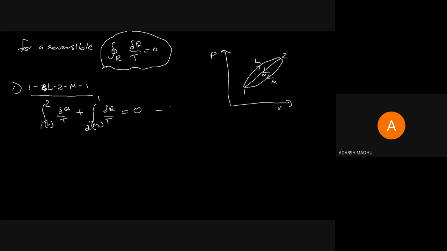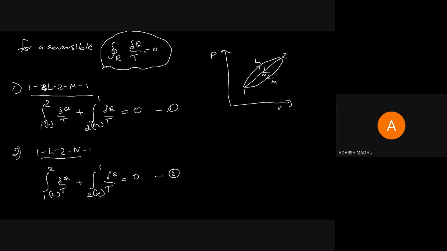That is the first process. For the second process, 1 to 2 through L and 2 to 1 through N: the integral from 1 to 2 of L dq by t plus the integral from 2 to 1 of N dq by t equals 0. That is the second process.